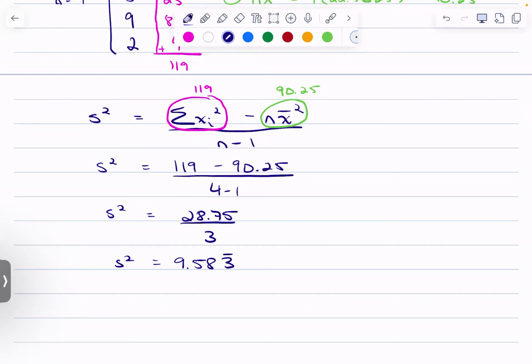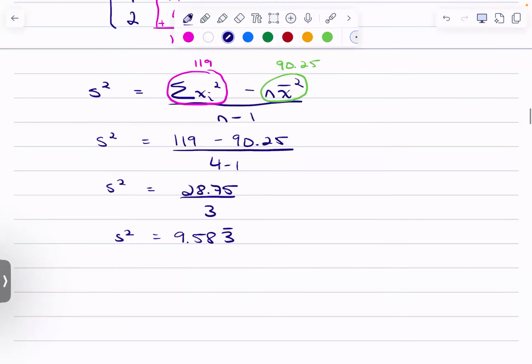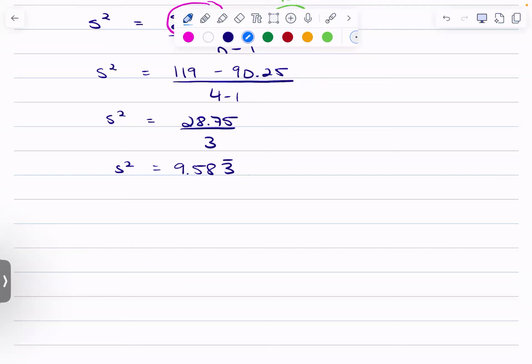Now that you have the variance, we could find the standard deviation by taking the square root of the variance.